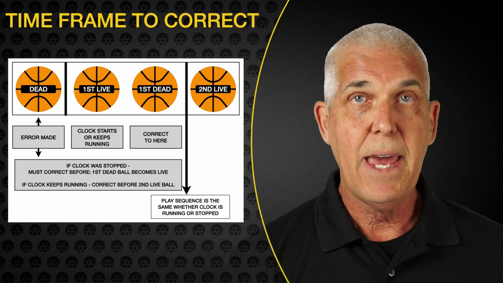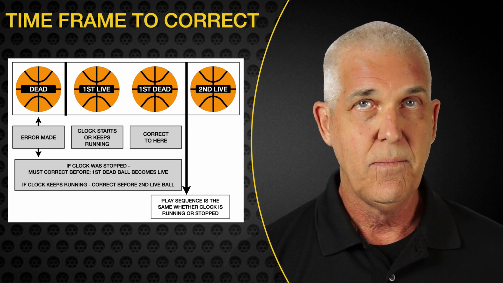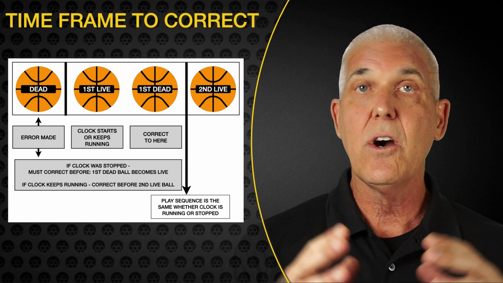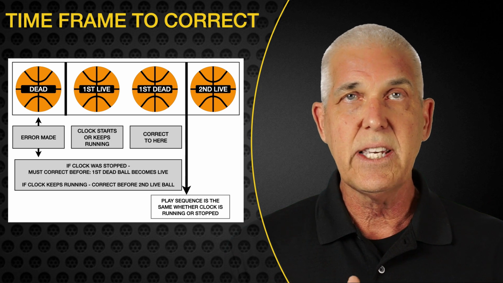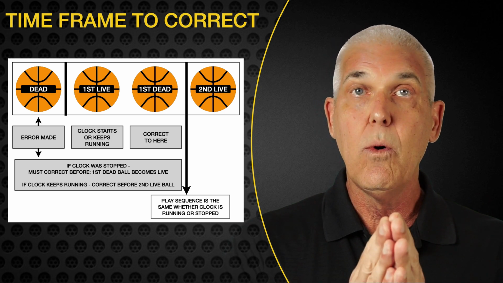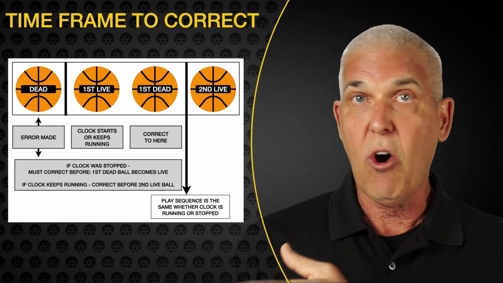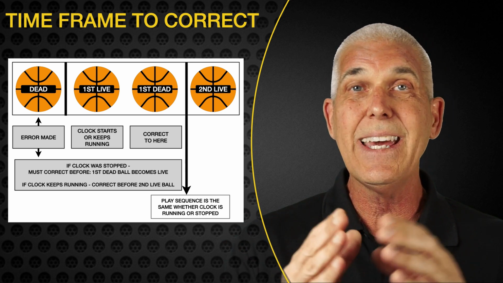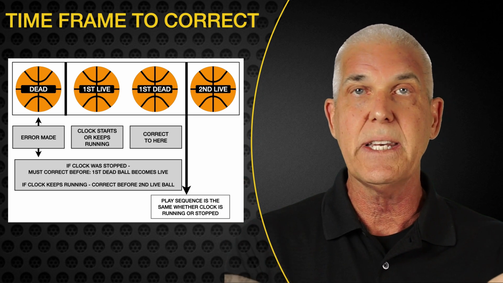And if we fail to make the correction at this point and the ball becomes live again, then the window has closed. The window opens. Play continues. NFHS and all levels really say we're going to give a period of time. We're going to define it as the ball becoming live and the ball becoming dead.